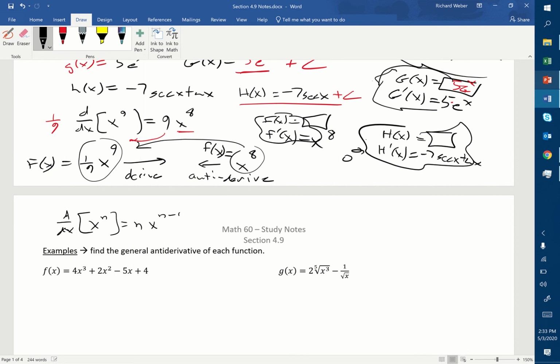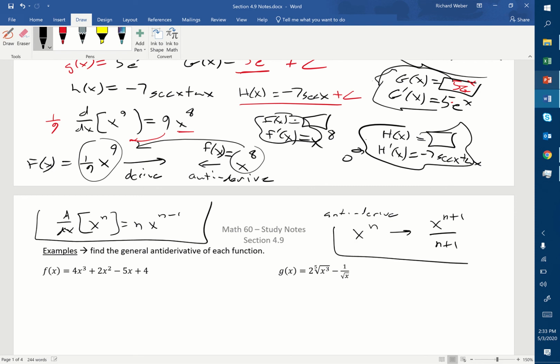Now here's the thing. When you antiderive, and we don't have a symbol for that yet, but we will, when we antiderive x to the n, it's going to go to x to the n plus 1 over n plus 1. That's a nice formula. This is for deriving, and this is for anti-deriving.